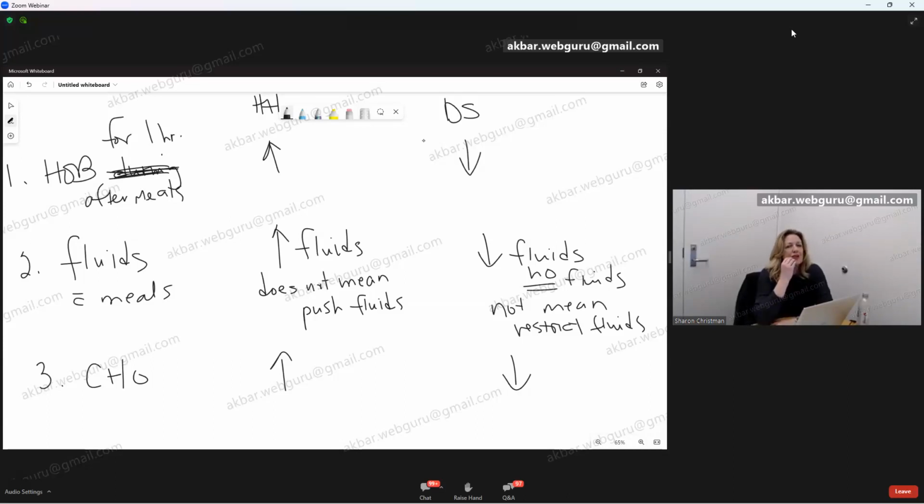I would probably do Fowler's or high Fowler's. Head of the bed down equals flat. It could be. Yeah, there's no reason not to have it flat. Yeah, that's fine. You've got to lie down after dumping syndrome to prevent it. It's for an hour, not 30 minutes.